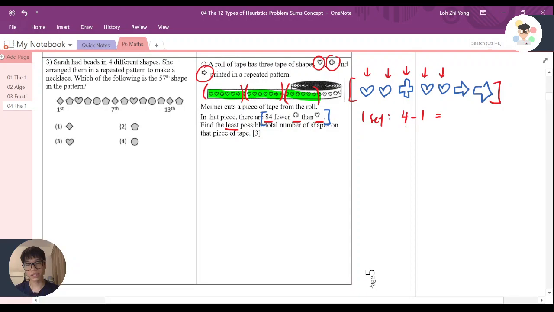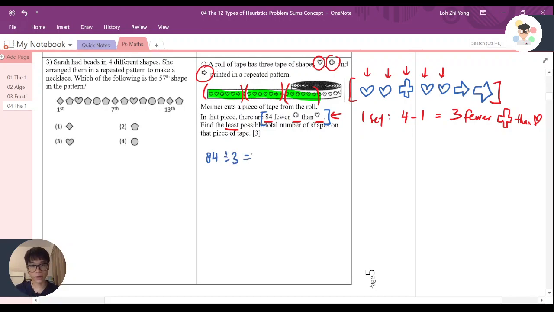We know that in one set, there are actually 3 fewer crosses than hearts. To recognize how many sets fulfill this piece, we use 84 divided by 3.